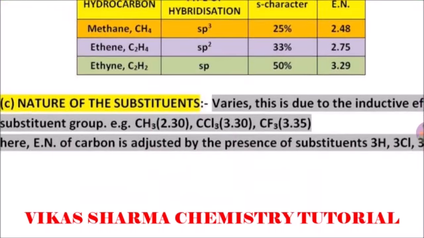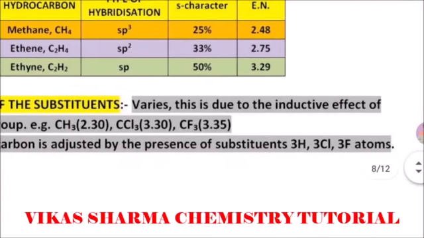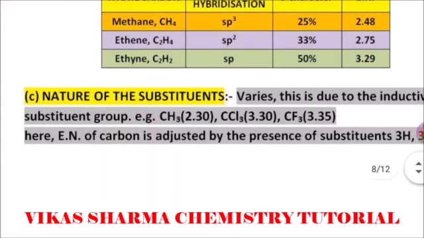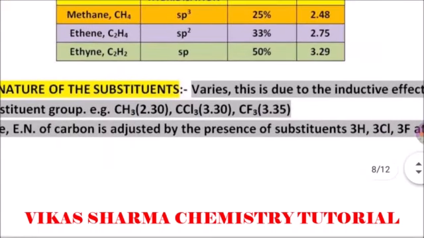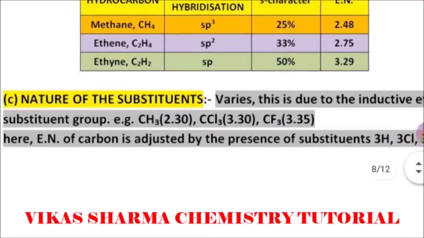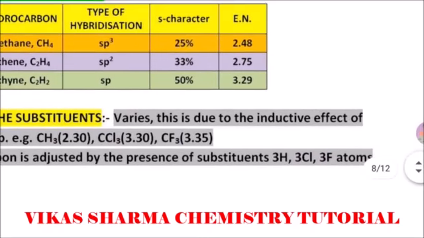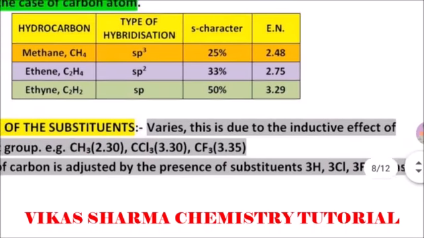Next, the nature of the substituents matters. This is due to the inductive effect of the substituent group. Example: methyl 2.30, carbon tetrachloride 3.30, and carbon tetrafluoride 3.35. Here the electronegativity of carbon is adjusted by the presence of substituents: three hydrogen, three chlorine and three fluorine atoms. You can easily see that with fluorine the electronegativity is higher compared to hydrogen.